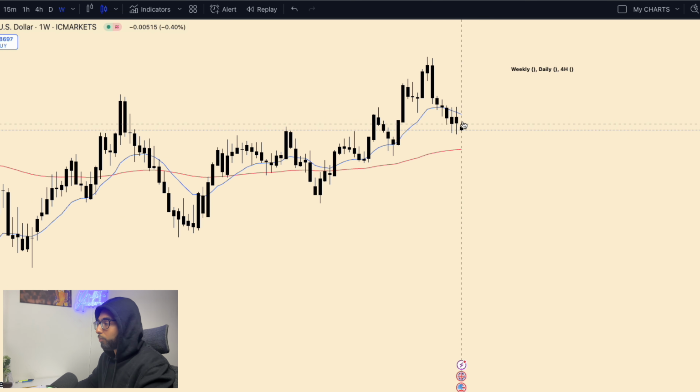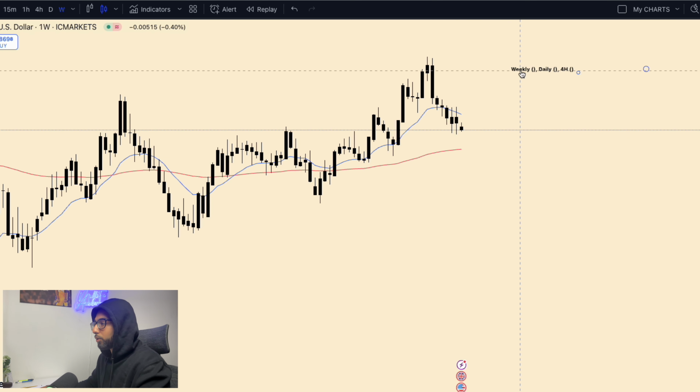So for example, I want to know what is the trend going on the weekly. Okay, so the weekly, right? And I'm just going to have a look here. The weekly, let's get the path tool.